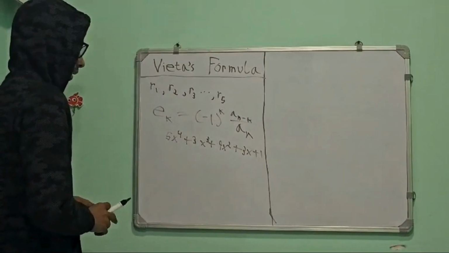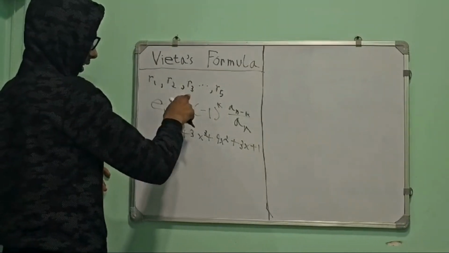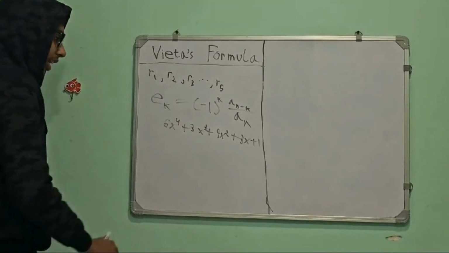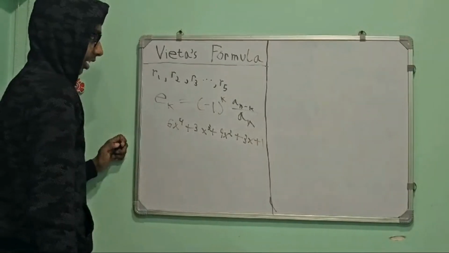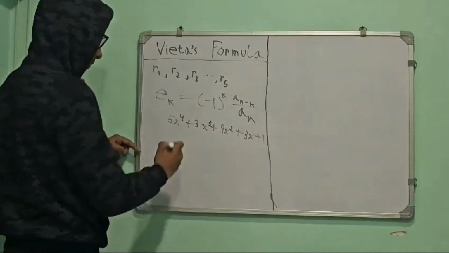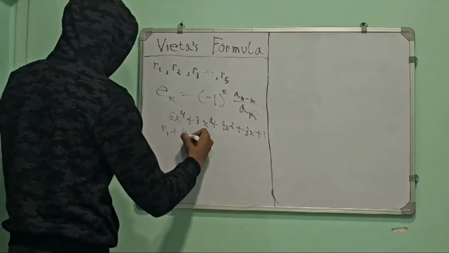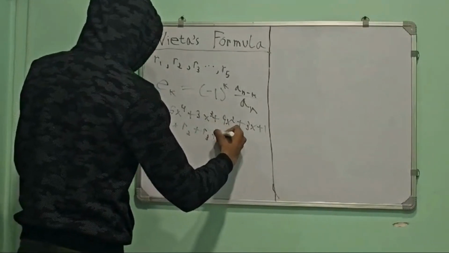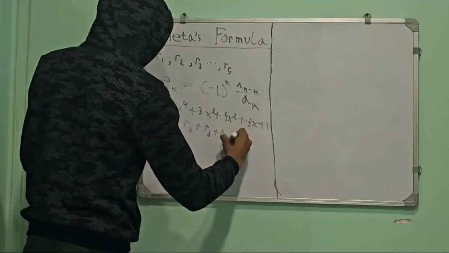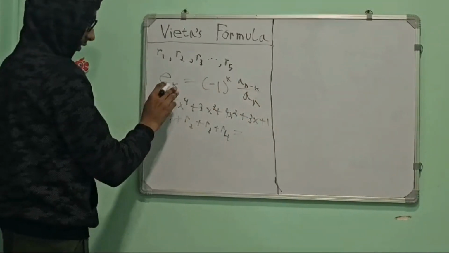So we will see that this will also have 4 roots, r1, r2, r3 and r4. So for the relationship between those roots, the first elementary symmetric polynomial, if you remember, is the sum.